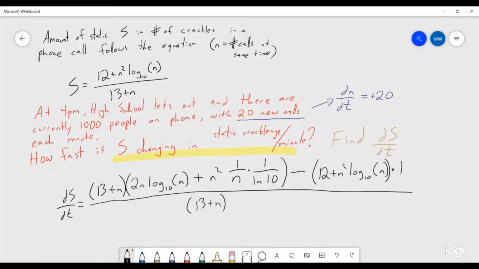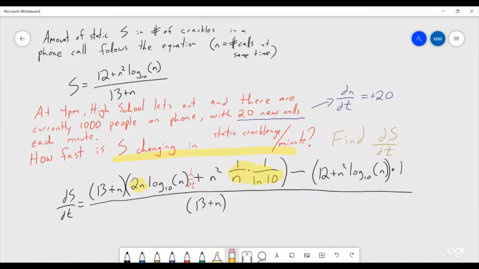Now, here's the thing. Is what I wrote down correct? Not quite. Anytime we take the derivative of N, a dN/dt comes out. So where did we do that? Right here, 2N needs a dN/dt with it. And here we took the derivative of this stuff, so we need a dN/dt there.